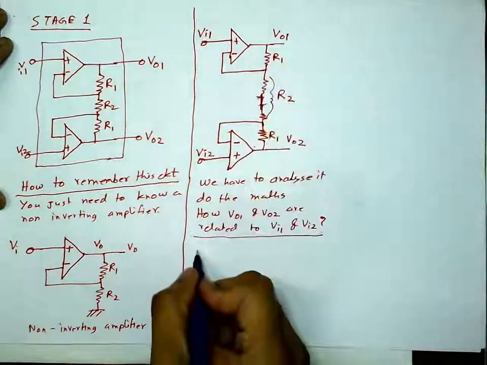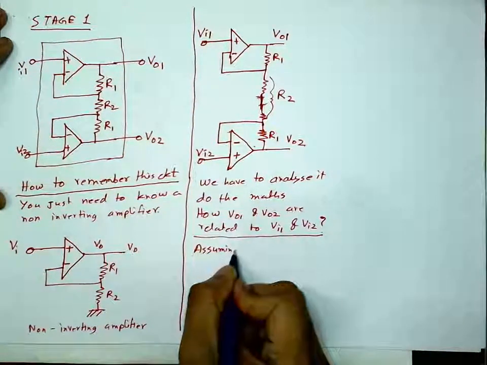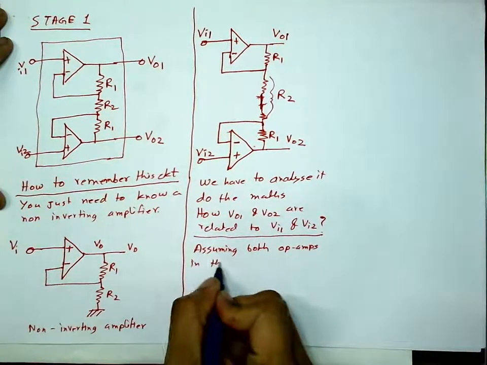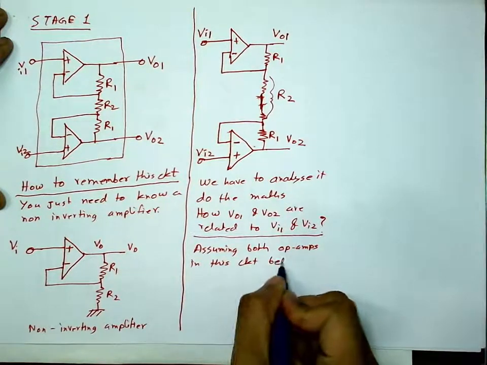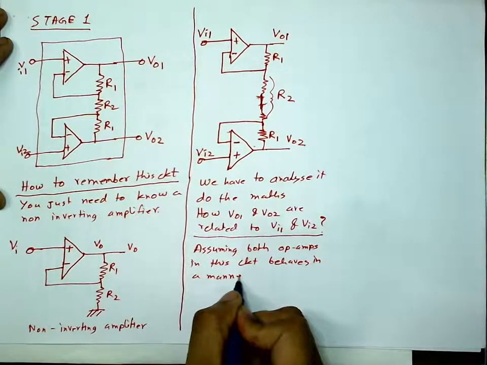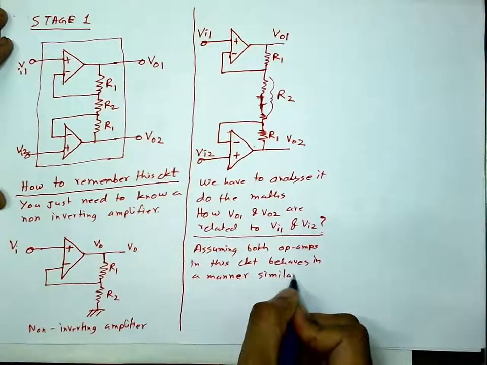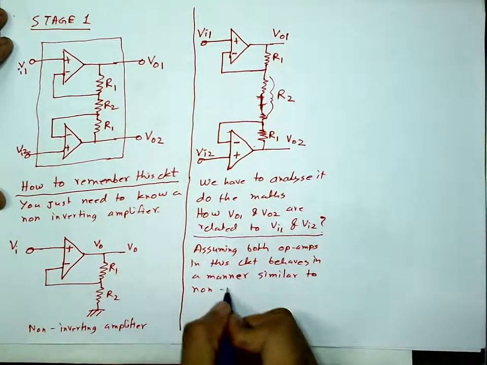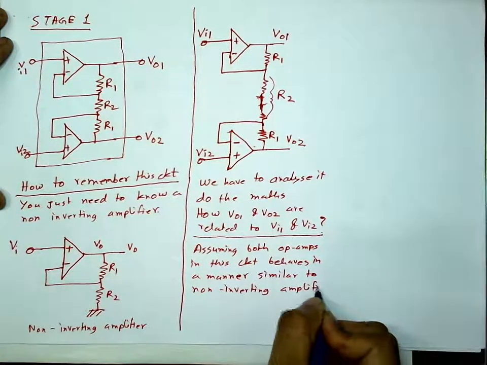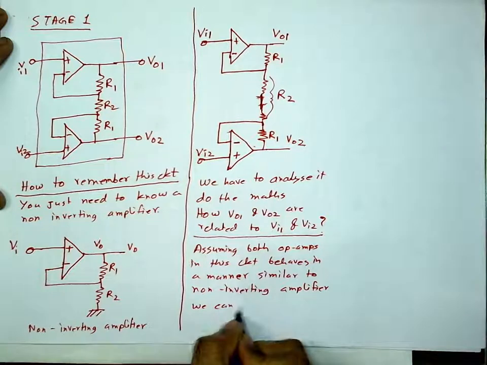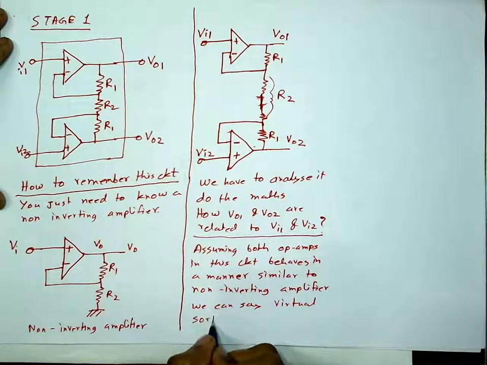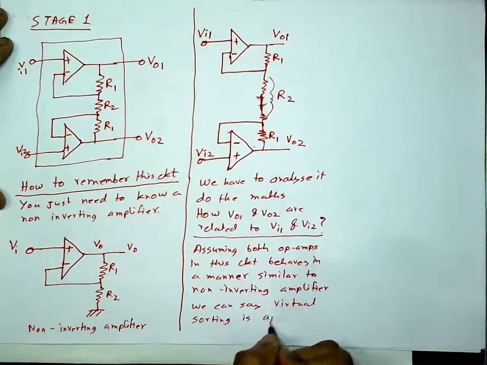Assuming, for now, both op amps in this circuit behave in a manner similar to a non-inverting amplifier, we can say virtual shorting is applicable in this circuit.